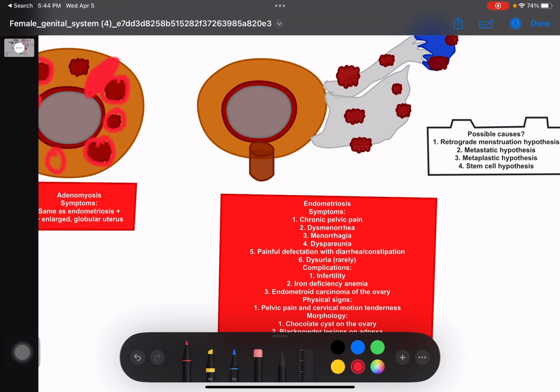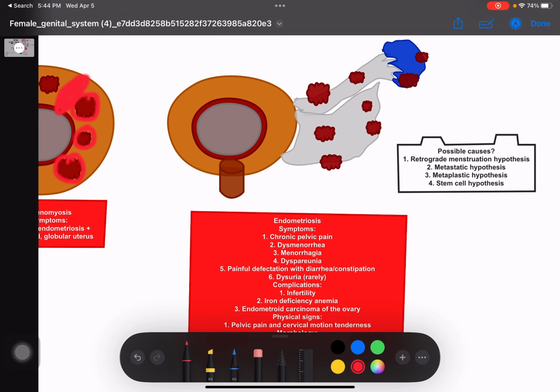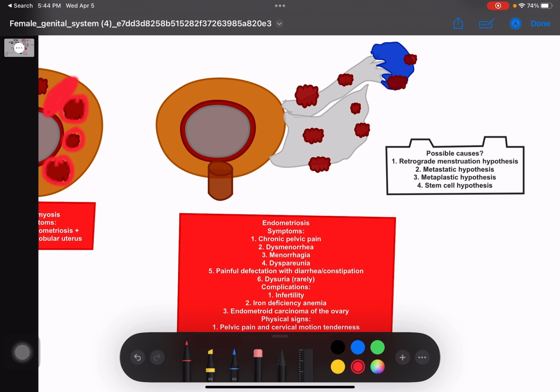Okay, so in case of endometriosis, the endometrial tissue is not in the myometrium. It gets migrated to more distant sites. For example, it can be the fallopian tubes, near the round ligament, or in between the uterus and the rectum, the retrovesical pouch.